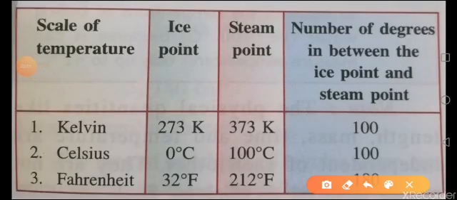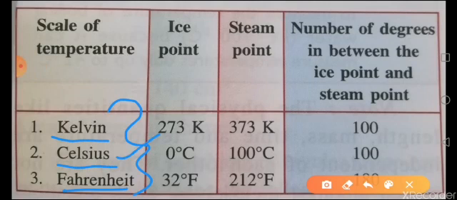So these are the three scales of temperature: Kelvin scale, Celsius scale, Fahrenheit scale. Now, Celsius scale you can call centigrade scale also. You write it as you see here, degree Celsius, and this name Celsius is given after the scientist Anders Celsius.